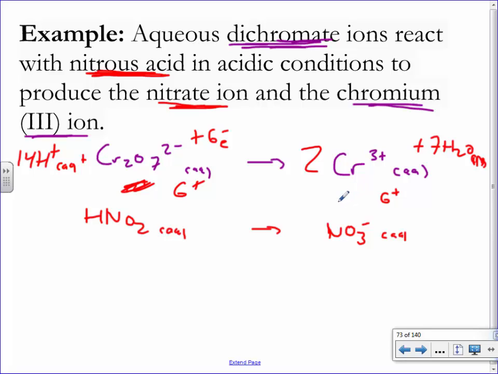Yeah. What have I written, an oxidation or a reduction equation? There's only 2 choices, oxidation or reduction. Think it through. LEO says GER. Am I losing electrons in this equation, or am I gaining electrons?